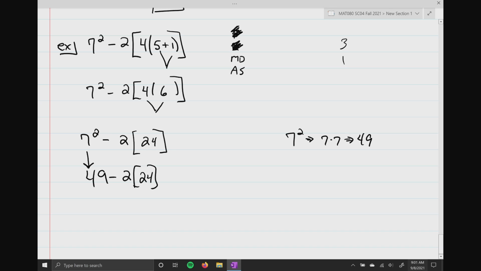Now I'm worried about multiplication or division. Well, I definitely have multiplication. 24 times 2 is 48. So 49 minus 48. Multiplication, division is done. And 49 minus 48 is 1. Okay?